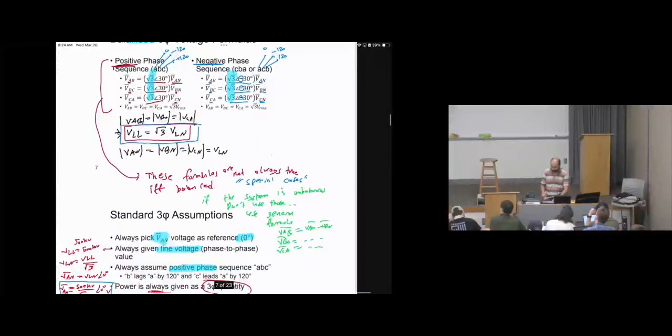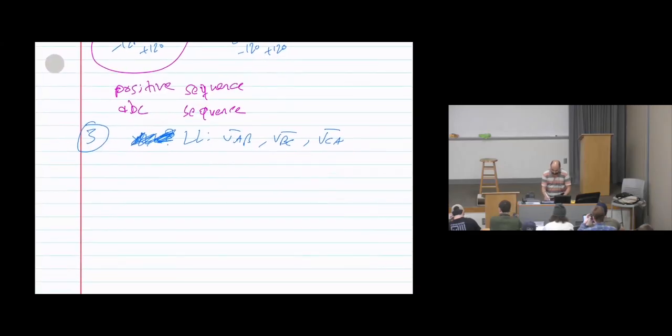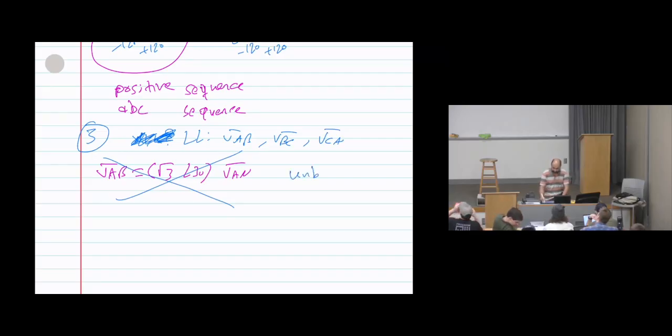So we cannot use this. Even though we say the system is positive sequence, we cannot use them. Therefore, when we say VAB equals square root 3 angle 30 degrees times VAN, this is not true because it is unbalanced.